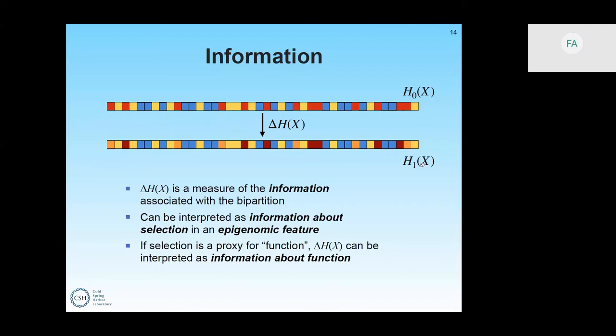DNA-seq data, ChIP-seq data, histone modifications, whatever. It gives us a way of putting them all on the same scale and comparing how much we learn from each of these different types of measures about evolution and about genomic function.